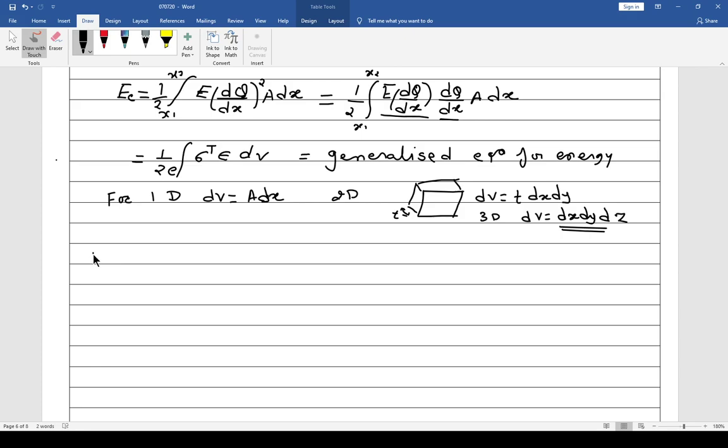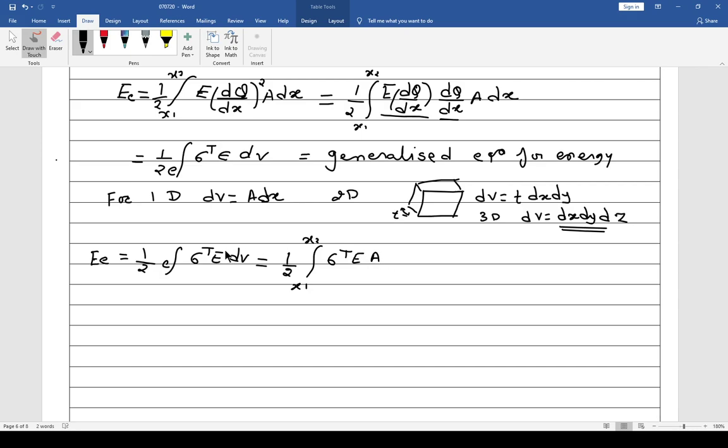So my energy EE, again I write the same formulation: 1 by 2 over the element, sigma transpose epsilon dV. Since I am solving a one-dimensional problem, the limit will be from x1 to x2, sigma transpose epsilon A dx.